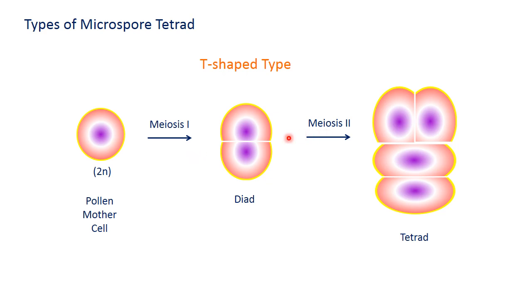One of the cells from the dyad undergoes longitudinal division to form two daughter cells, while the other cell divides by transverse division to form 4 microspores in a tetrad. The two microspores are arranged in transverse order while two are arranged in longitudinal order to form a T-shaped tetrad.